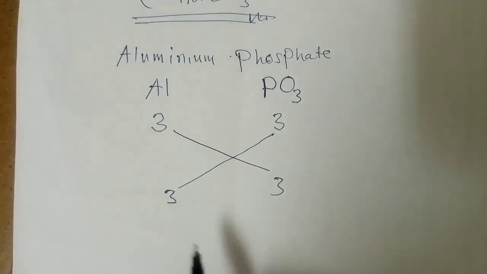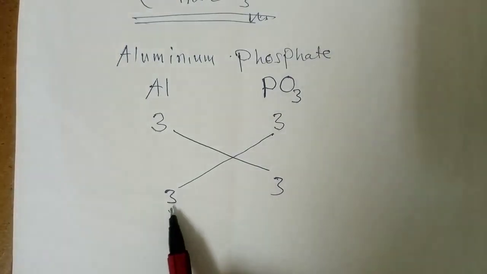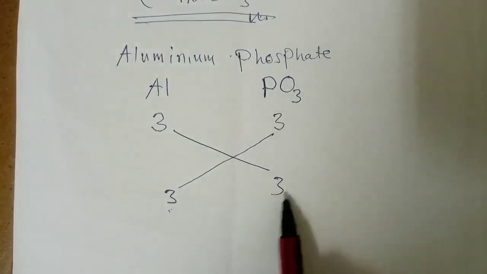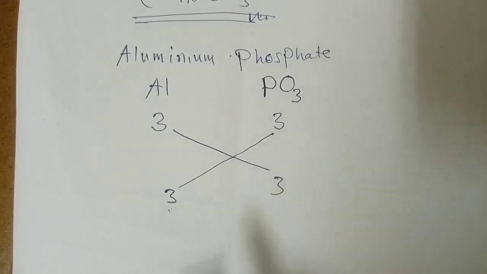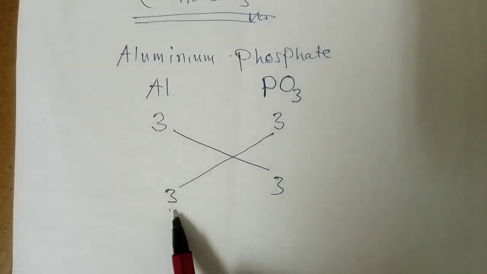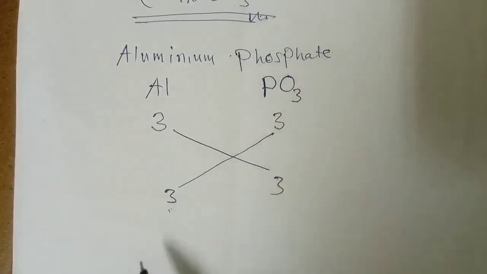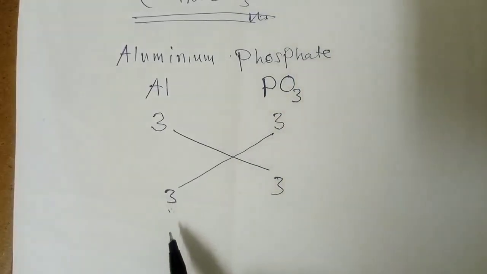So in 3 we can divide 1, and we can also divide 3 itself. There are only 2 factors that we can divide in here, 1 and 3, but dividing by 1 won't make sense.